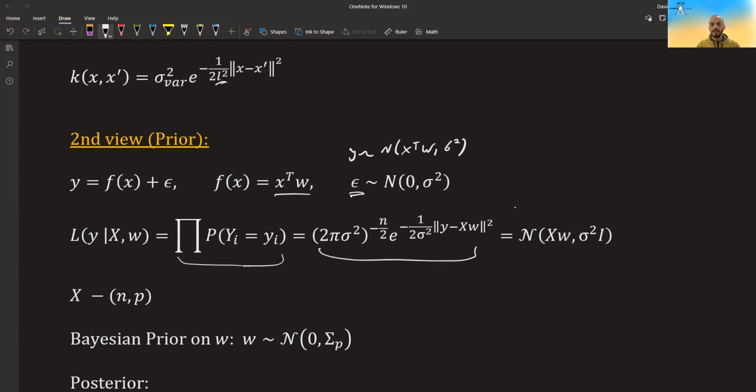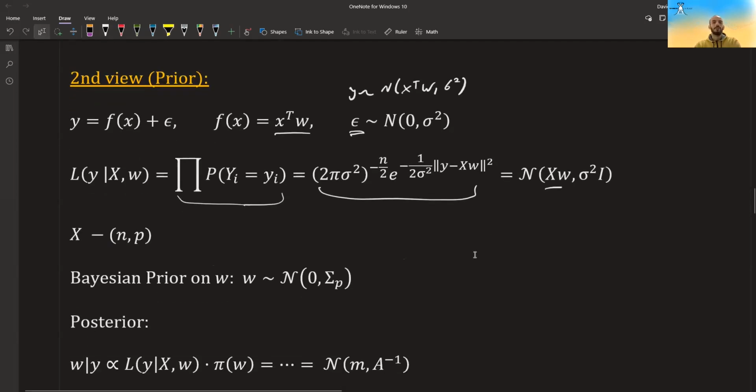And we can see that the likelihood is basically multivariate normal with x times w, where x is now an n by p matrix, where each row is a new observation, and p denotes the number of dimensions of x. So in our case, it would be 1, but it could also be more than that.